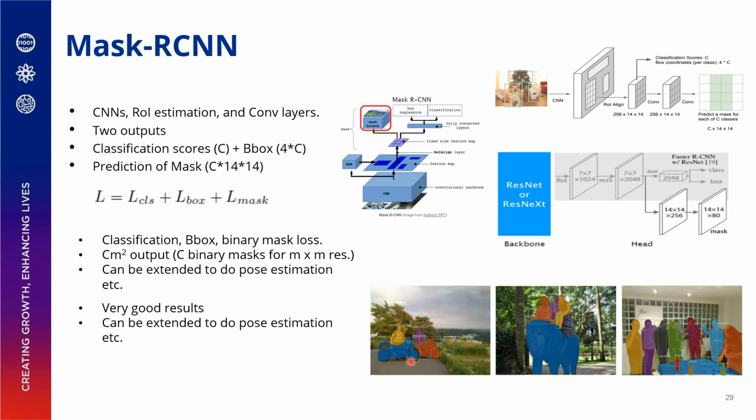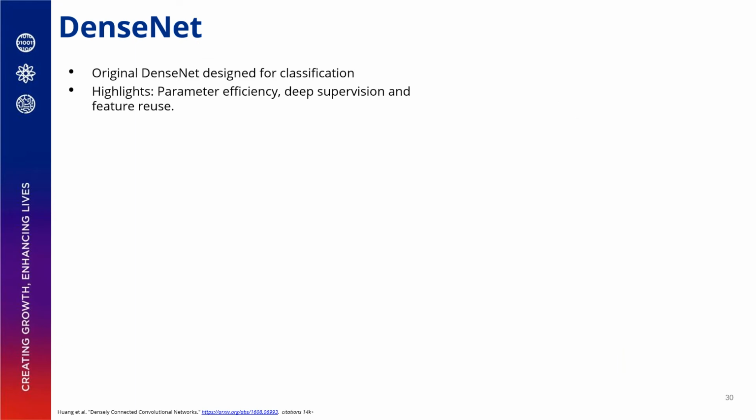This is the bounding box that was estimated, and inside this bounding box you're getting the segmentation output for the class inside that region. The results are very good, and it can even be extended to do pose estimation for objects inside this bounding box. So, a very cool paper.